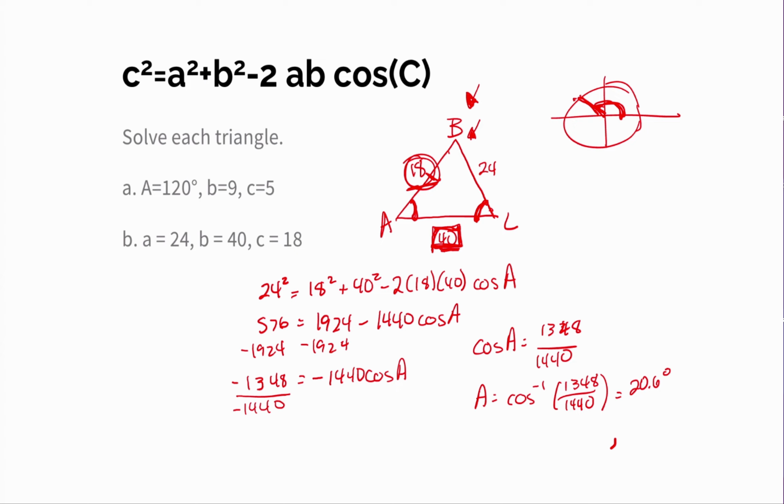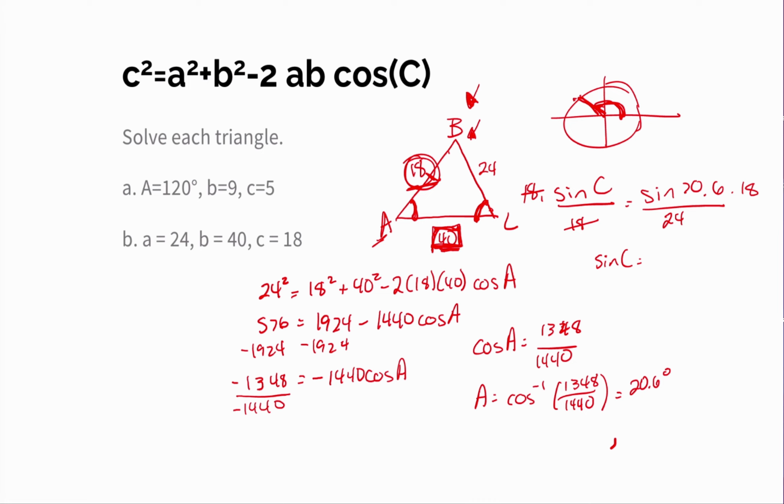And so now I can use the A that I already have. I'm solving for C, so sine C over 18 equals sine 20.6 over 24. So I'm going to multiply both sides by 18 to get rid of that.